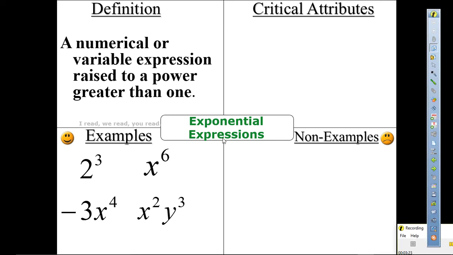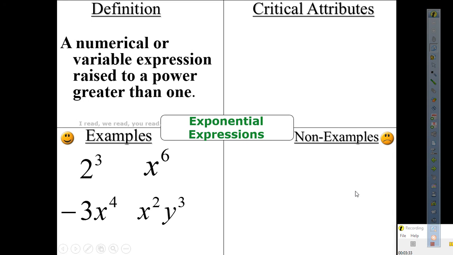All right. So now look at the non-examples. I'm going to give you 3 non-examples, but first I'm going to give you 2. Check this out. Look at these 2. You can copy those, and as you're copying them, say, these are not exponential expressions because of something very obvious. Okay, we got that.